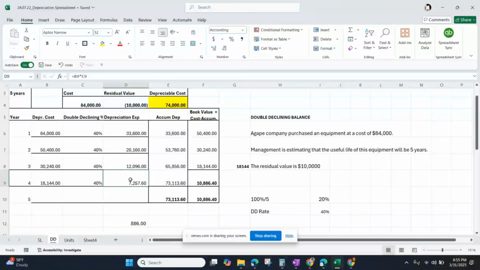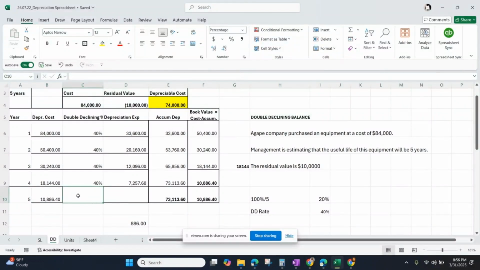That is the depreciation expense for the fourth year. Accumulated depreciation is the accumulated depreciation for the third year plus the depreciation expense for the fourth year. And that brings us to a book value of $10,886.40. Continue with the fifth year, $10,886.40.